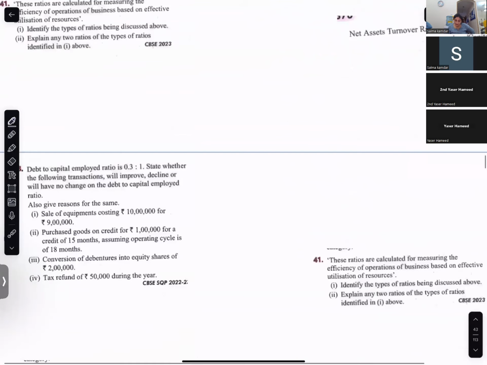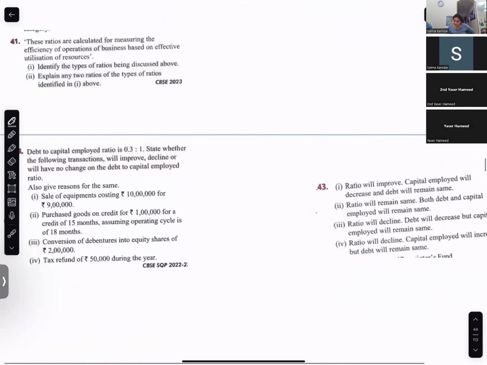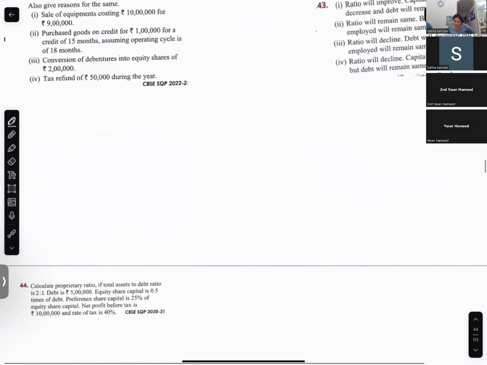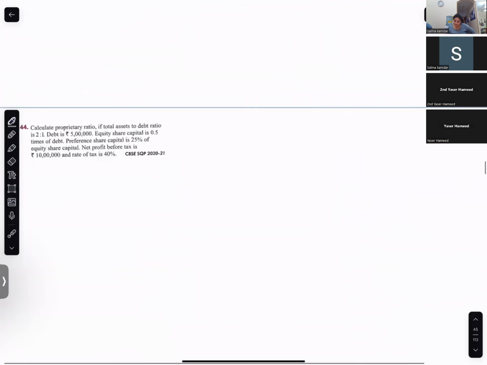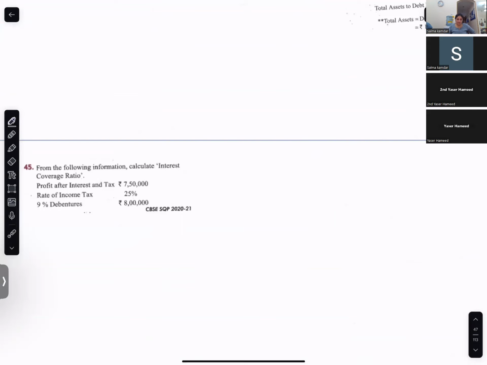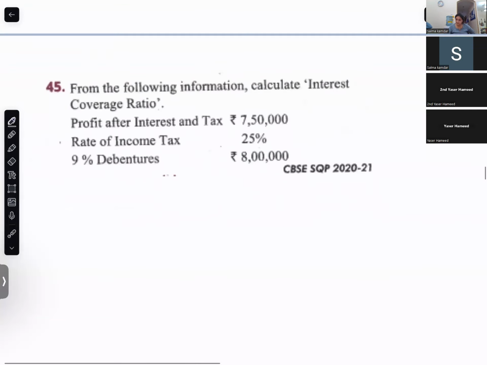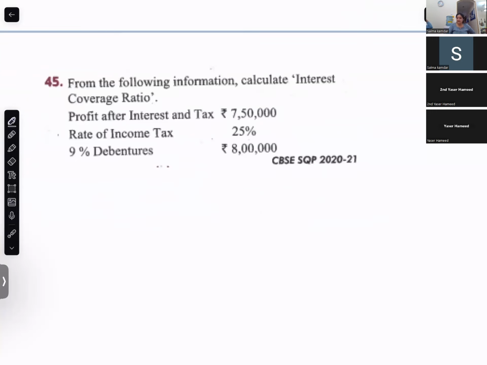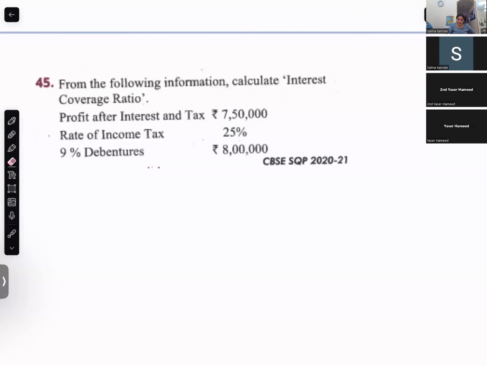Okay. We'll go to the next sum. Go to the 45th sum. We have to calculate the interest coverage ratio. Can you tell me what the interest coverage ratio tells us?